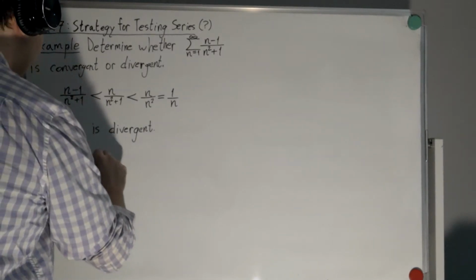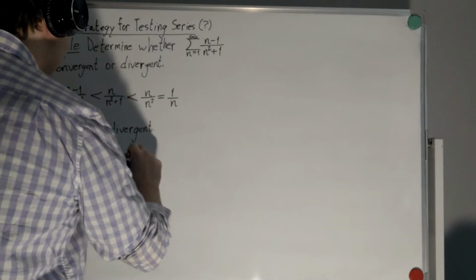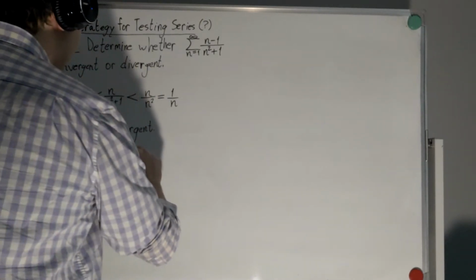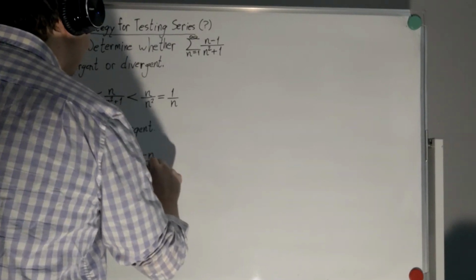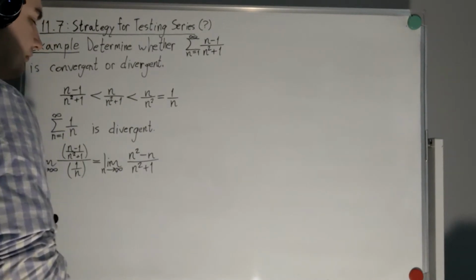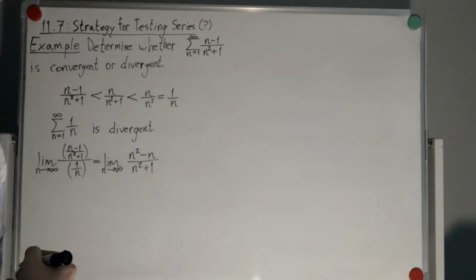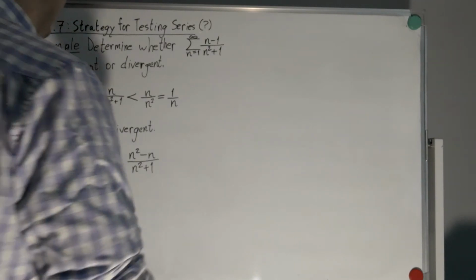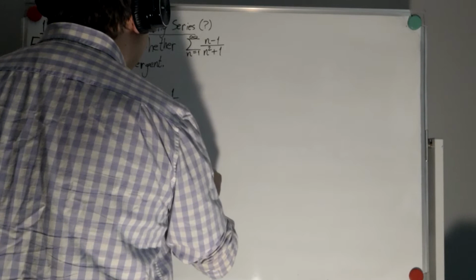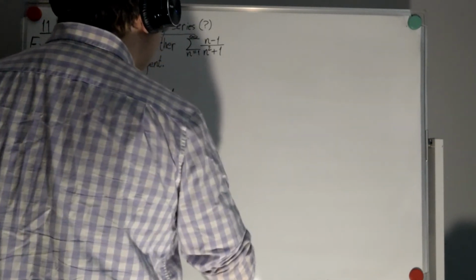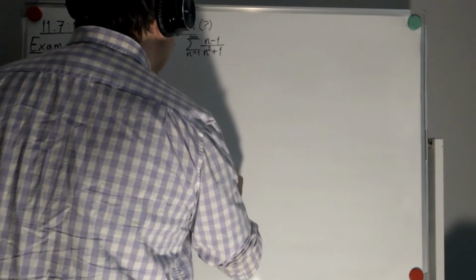So this is the limit as n approaches infinity of, well, if you do the whole copy change flip thing, you get n squared minus n divided by n squared plus 1. So then as n approaches infinity, well, let's see here. If you were to divide top and bottom by n squared, what you get is the limit as n approaches infinity of 1 minus 1 over n divided by 1 plus 1 over n squared.